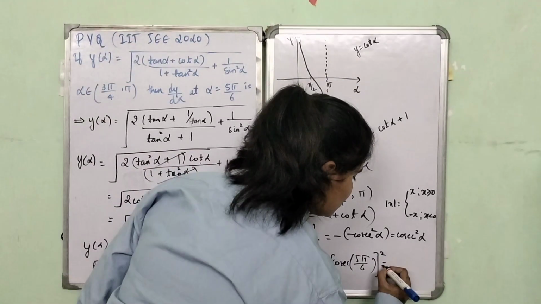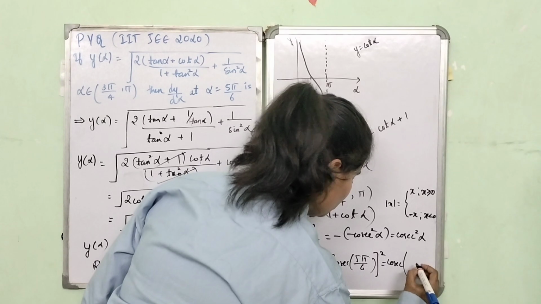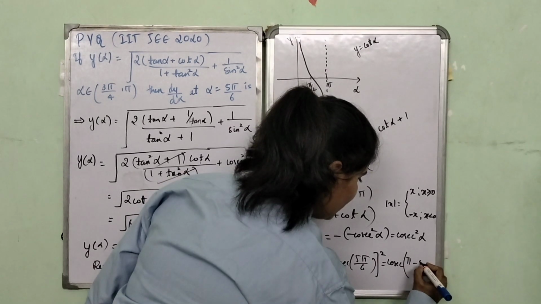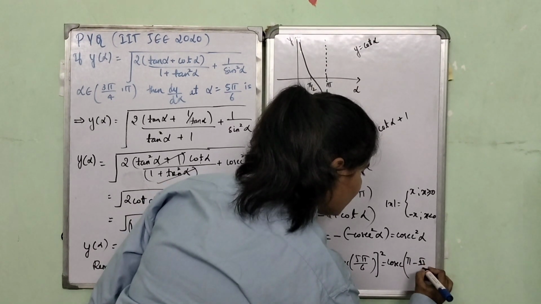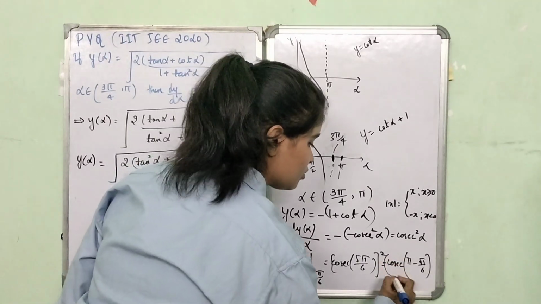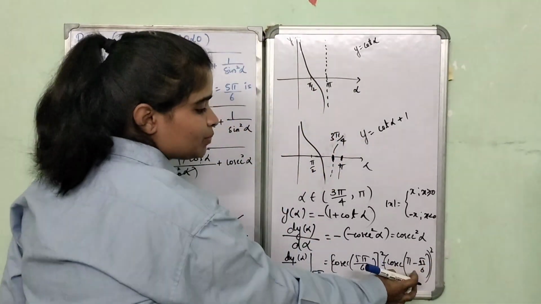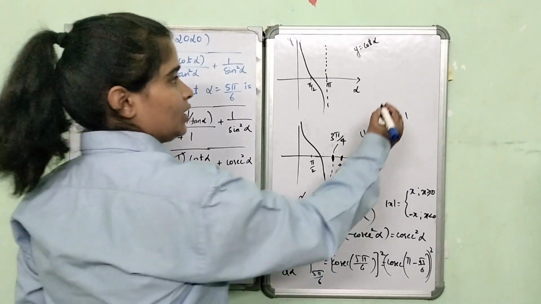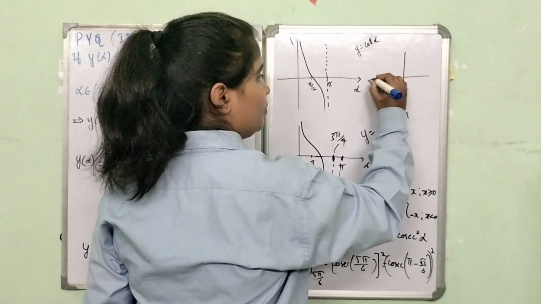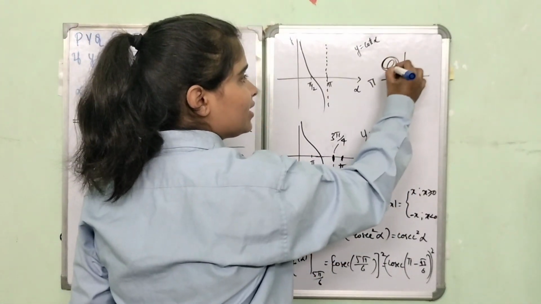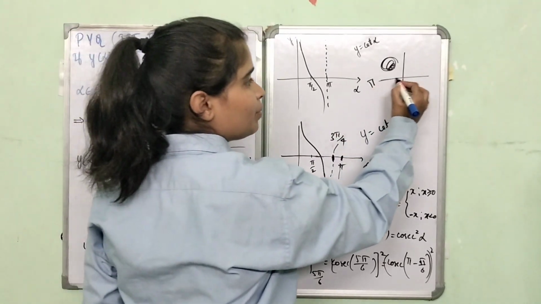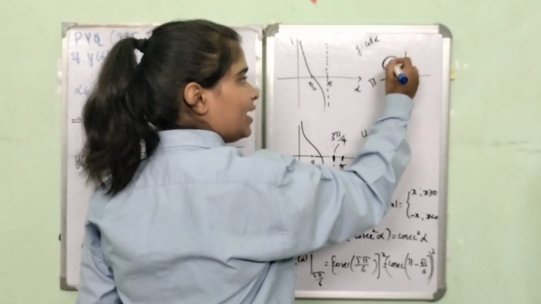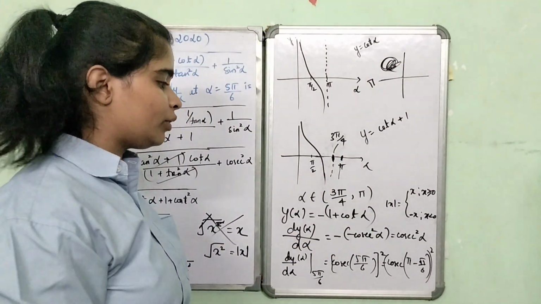Now this 5 pi by 6 is split into cosecant of pi minus pi by 6, whole square. Now this pi minus pi by 6 lies in which quadrant? See, this is pi. Pi minus pi by 6 is lying in the second quadrant. It is clearly noted.